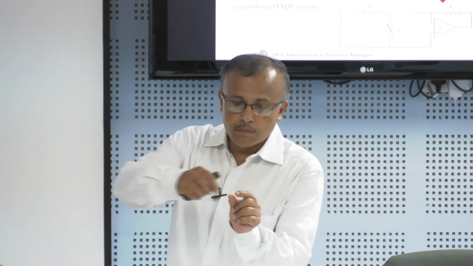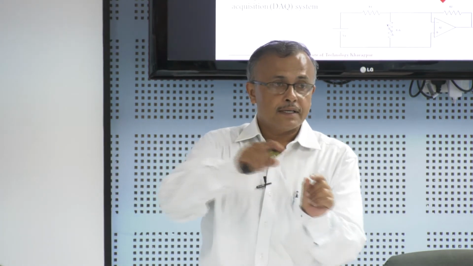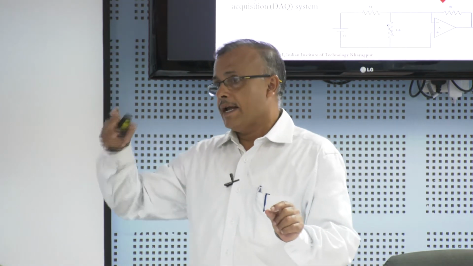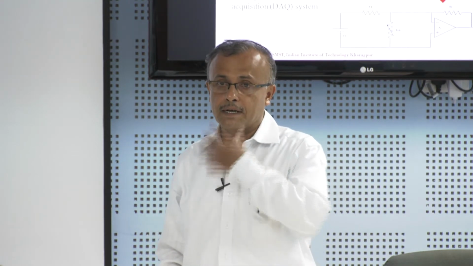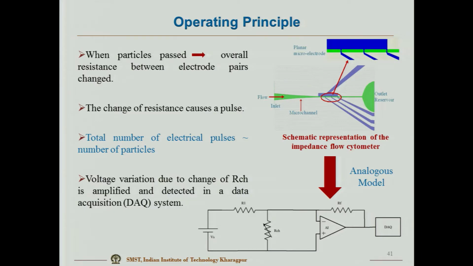So, as it moves and crosses over that, the voltage level changes, and you can easily detect it using a standard electronic circuit, and that will give you a count of one, and that way you can count how many cells are passing across. Okay. So, that way you can get the number of cells, how many cells there are for the cancer, how many for the normal or disease, that way.